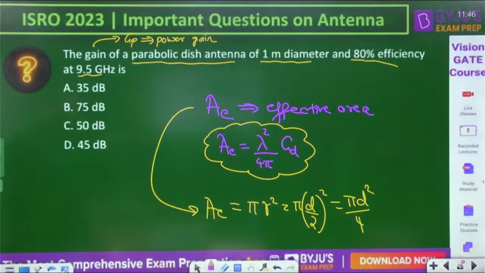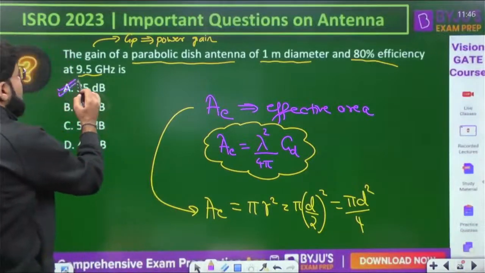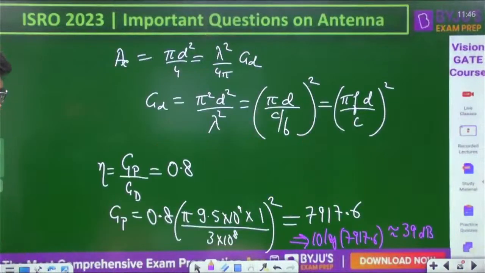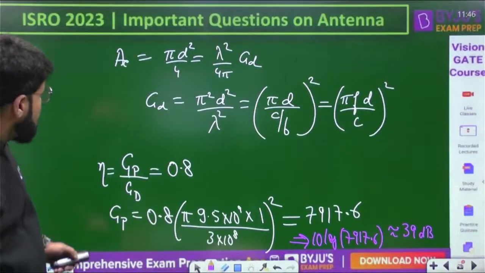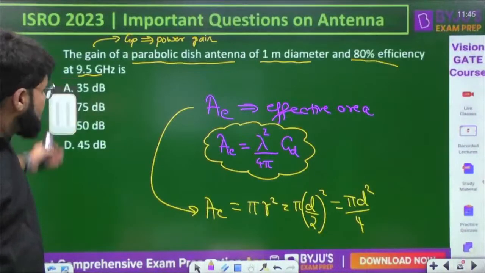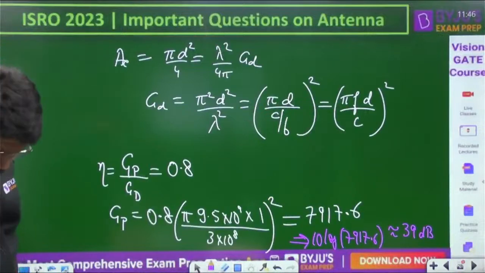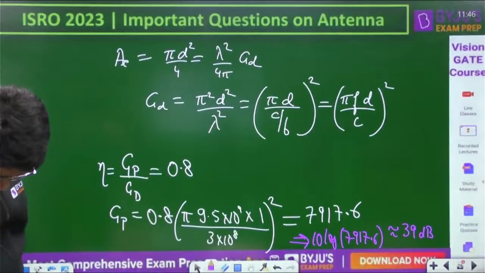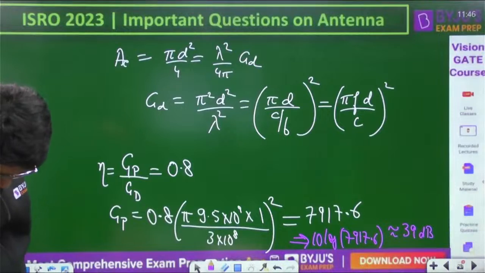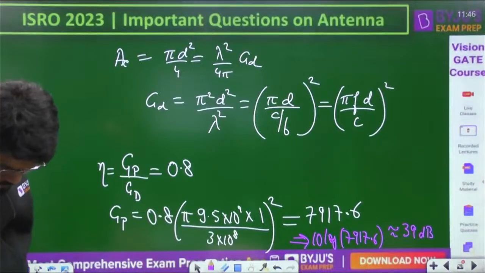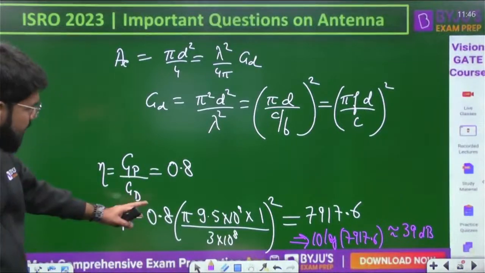There's some approximation, so we'll go with option number A, matching with option A. I think I have to check whether I multiplied by 0.8. I just have to recheck the calculation once dear. Yes, multiplied by 0.8 also.